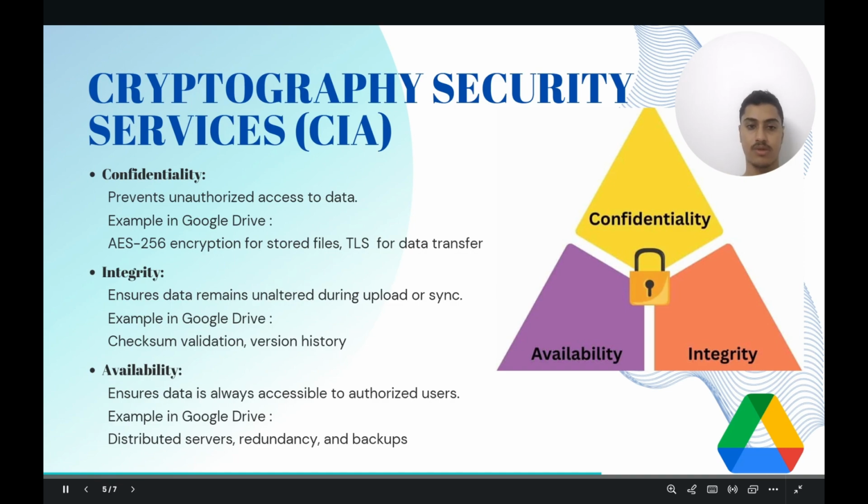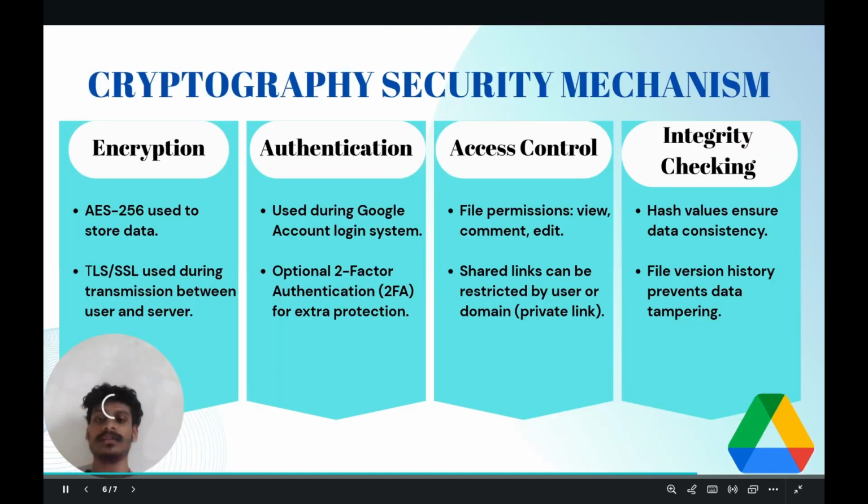An example in Google Drive, checksum validation, version history. Thirdly, availability ensures data is always accessible to authorized users. An example in Google Drive, distributed services. These three can help us prevent the security threats.